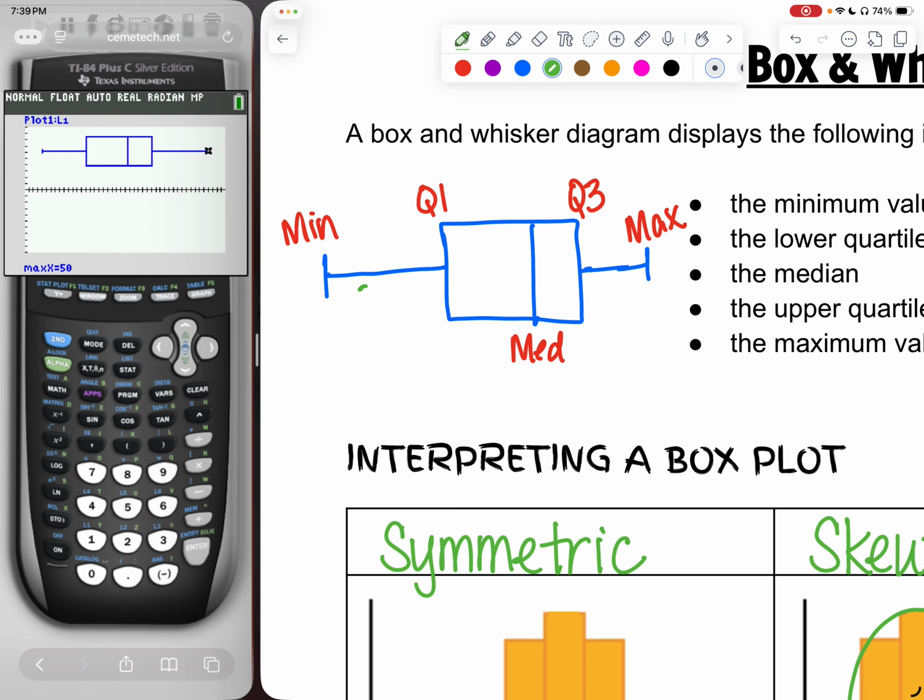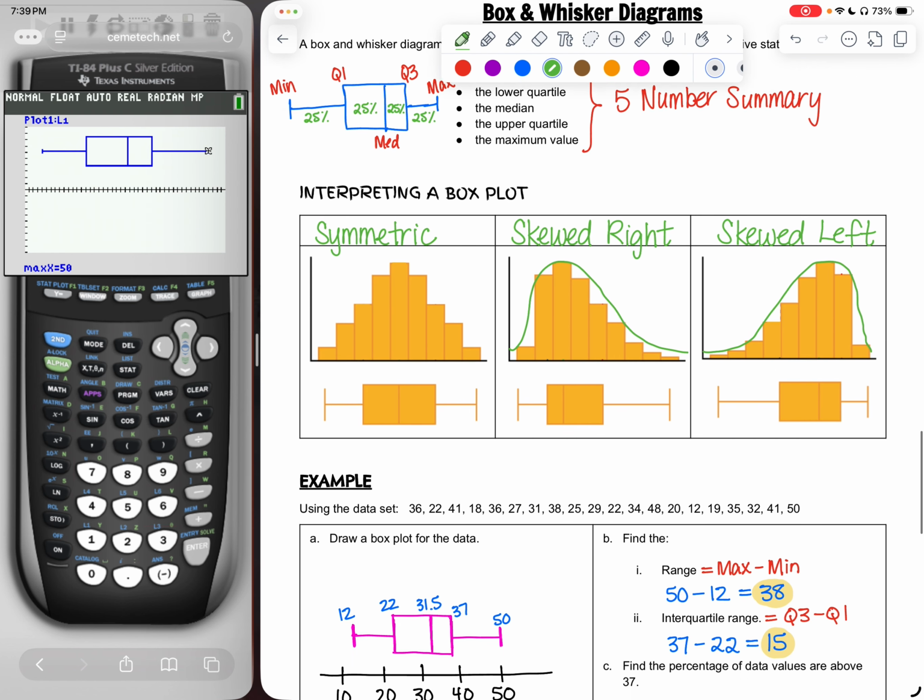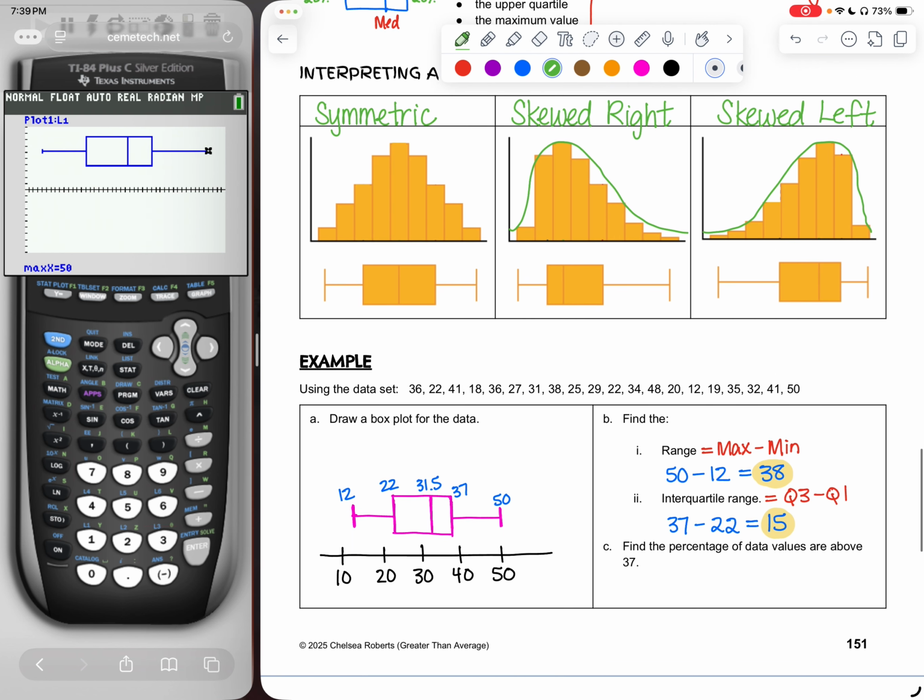So 25% of your data lies in between the minimum and Q1. 25% of your data lies in between Q1 and the median. 25% of your data lies between the median and Q3, and 25% of your data lies in between Q3 and the max.